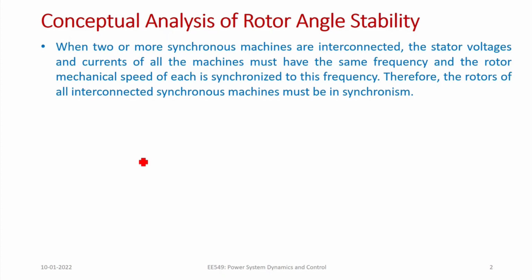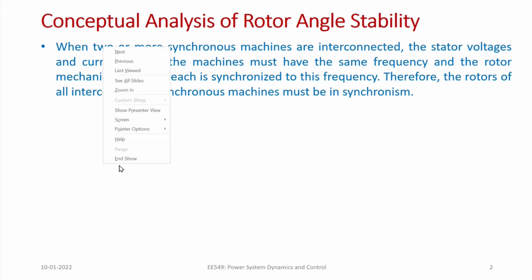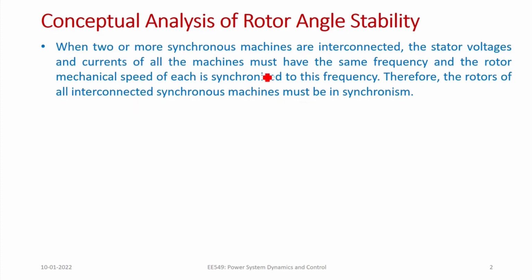When two or more synchronous machines are interconnected, the stator voltages and currents of all the machines must have the same frequency, and the rotor mechanical speed of each is synchronized to this frequency. Therefore, the rotors of all interconnected synchronous machines must be in synchronization.